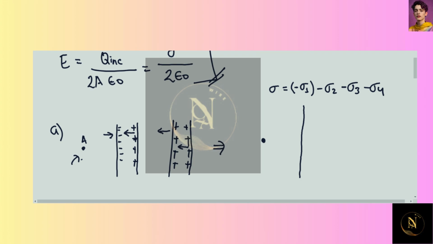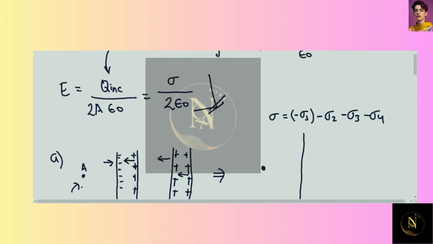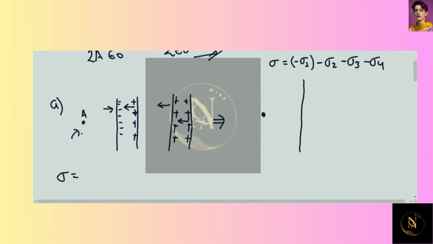With this in mind, we can simply put in all of the values that we know. Sigma 1 is minus 6, and with this minus sign the negative sign cancels.